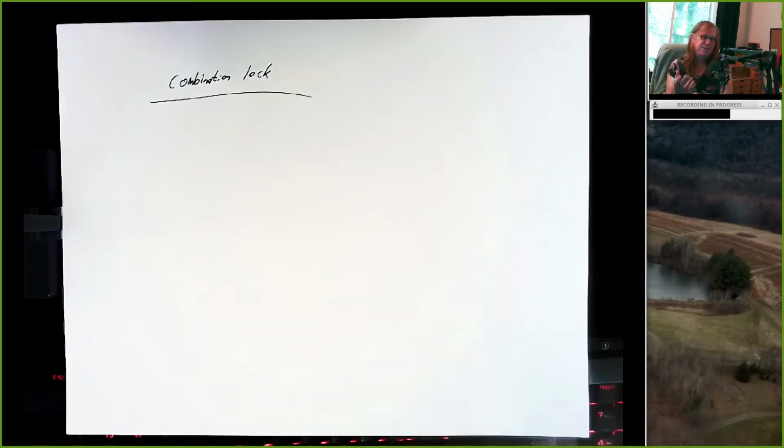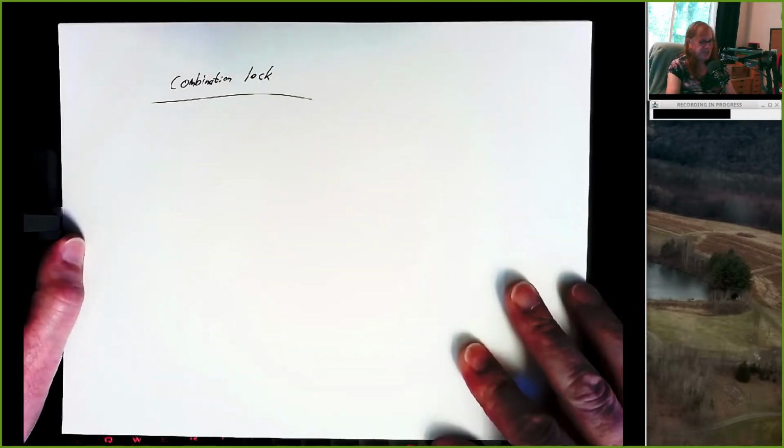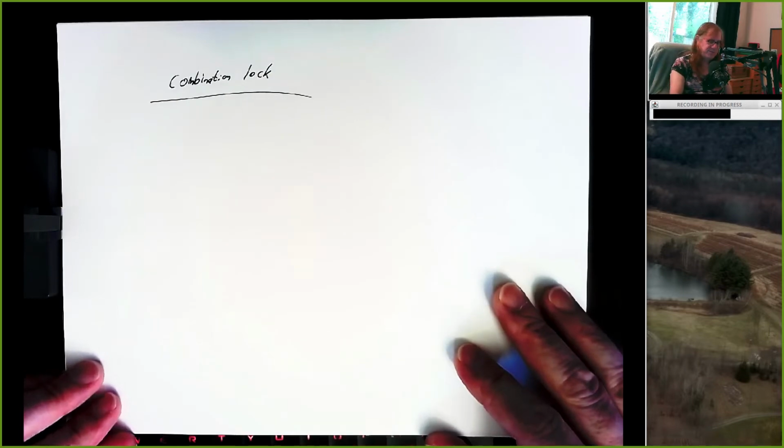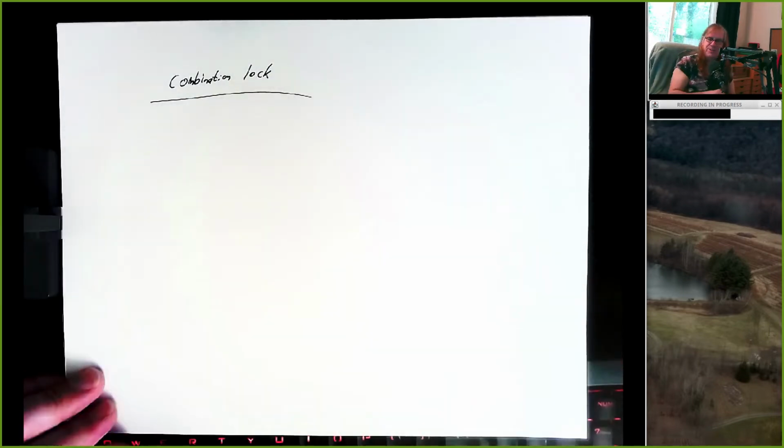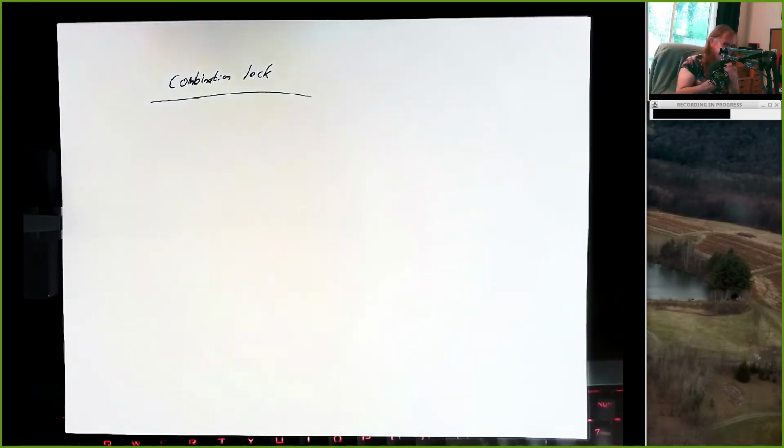So we've got something we want to protect, and we want to design a circuit so that you need to know the secret combination in order to open up this box. And I'm going to keep my chocolate chip cookie recipe inside this box. And I don't want other people to find it. So I'm going to guard it with digital logic, right? So I want to build a combination lock circuit.